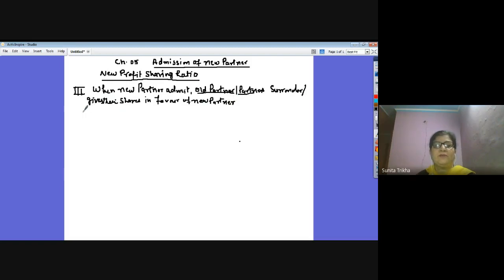In this case, formula will remain same as second case, that new ratio equal to old share minus sacrifice share. When you subtract sacrifice shares from the old shares, you will get the new shares of old partners.